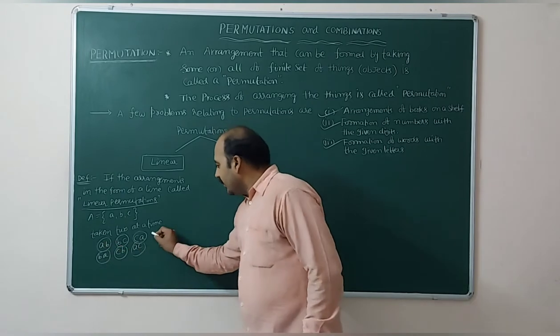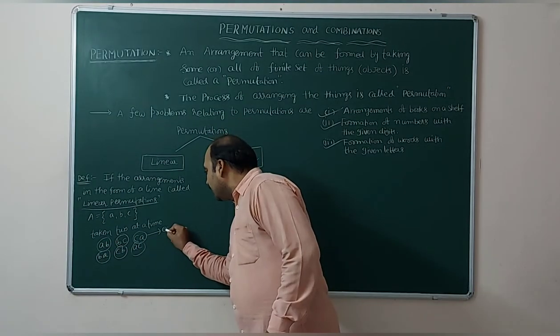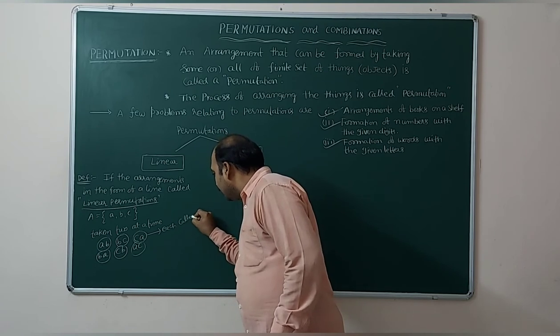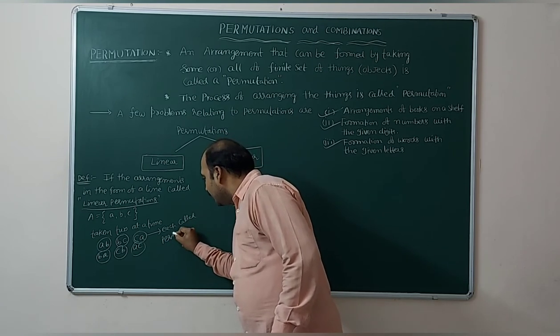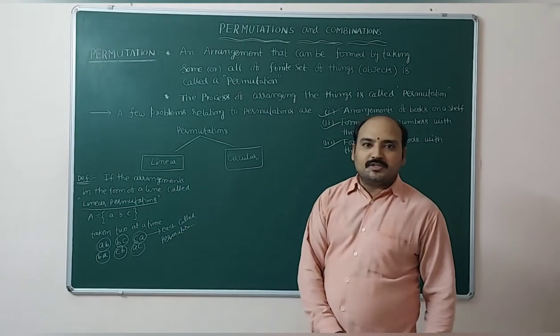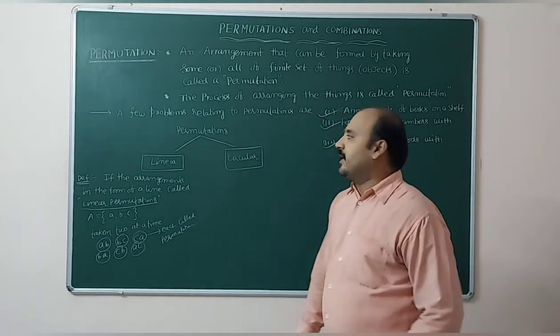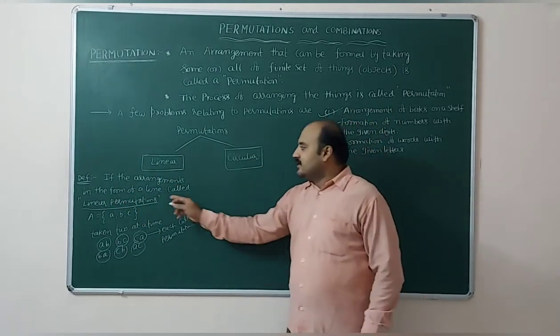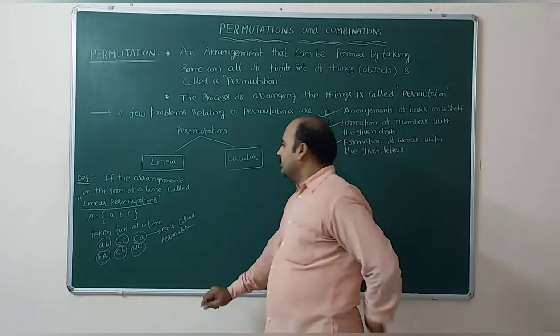Each is called a permutation. That is linear permutation. When we come to circular permutation, if the arrangements are in the form of a circle, it is called circular permutation.